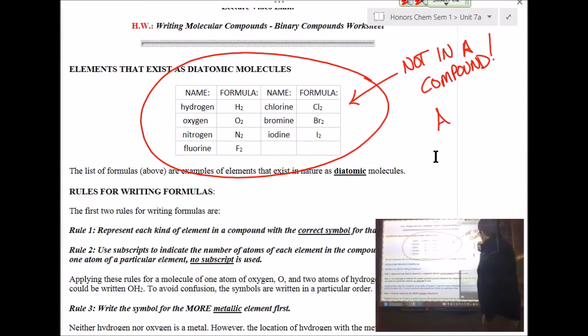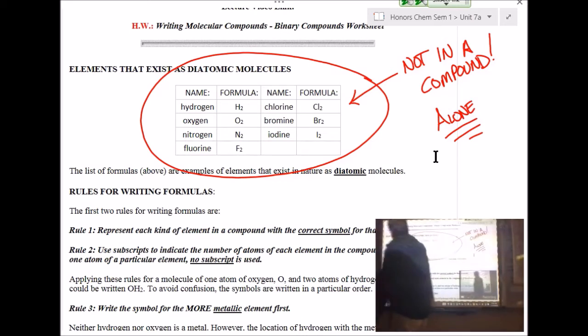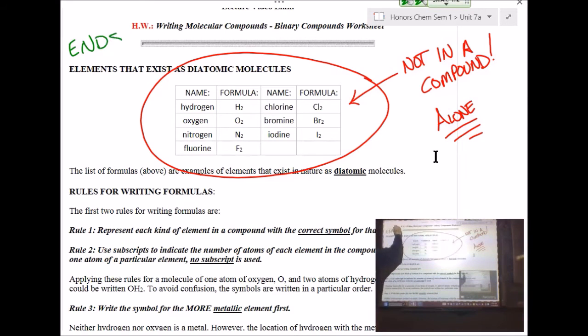Okay, or better, alone. So when I look at hydrogen, nitrogen, oxygen, fluorine, chlorine, bromine, iodine, notice that those are all in pairs, a group. An easier way to remember this is if it ends in ine or gen, like fluorine, chlorine, bromine, iodine, nitrogen, oxygen, hydrogen.